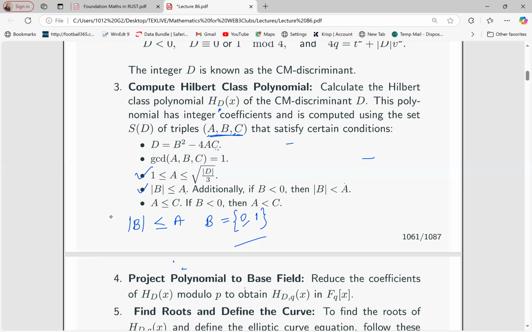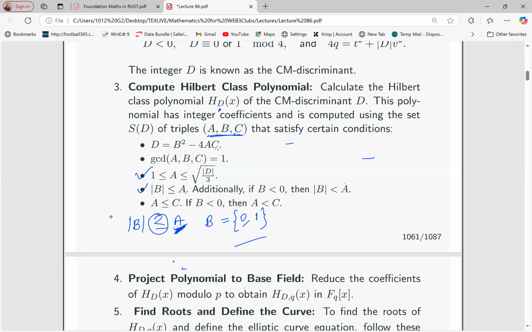Because A is 1, B should be less than or equal to 1. The maximum it can be is 1 because A is 1.